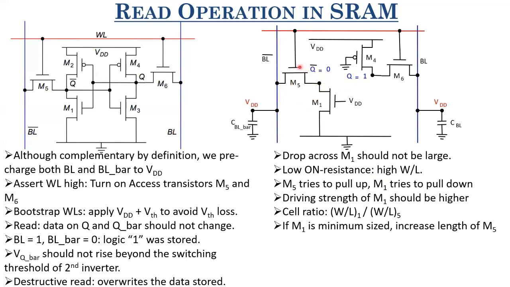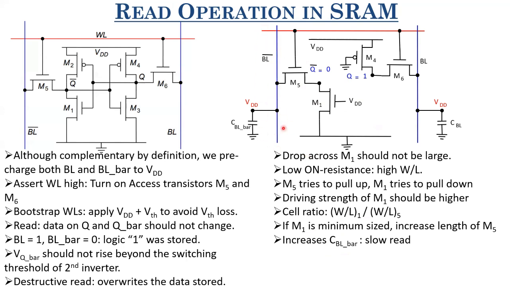Now, is that a feasible solution? Let us look at the implications. If we increase the length of M5 to reduce its driving capability as compared to M1, then we are increasing the capacitance CGT, because CGT depends on the area of the transistor, right? So if we increase the length, the capacitance increases, and hence we increase CBL bar, because there are several of these CGTs connected on this bitline bar, and we are increasing all of them by having a larger length of M5 as compared to M1.